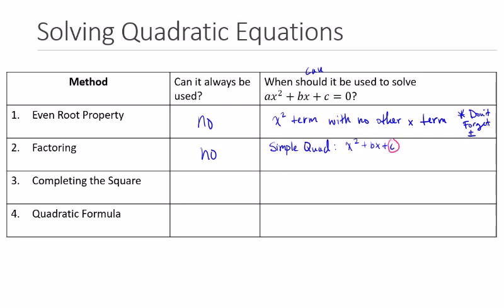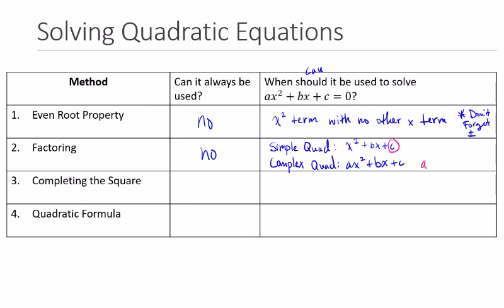If it's a complex quadratic, then it kind of depends on your tolerance or your threshold for working on a complex quadratic. I mean, in my case, I kind of like doing them, but not everybody does.